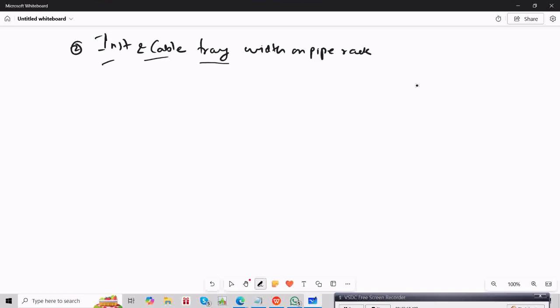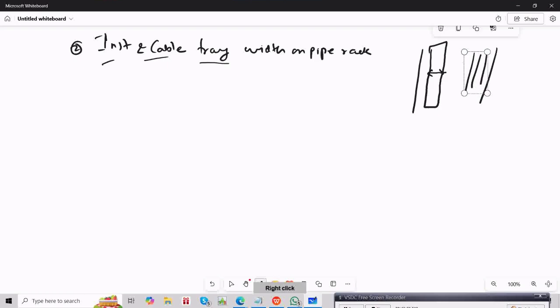Suppose this is your pipe rack. In this pipe rack, at the corner we will always place the instrument tray. They have to tell you the width of the instrument tray and how many instrument trays they are going to plant. Accordingly we will lay down our pipe on the other corner and keep a clear distance. That information has to be given to the piping team.